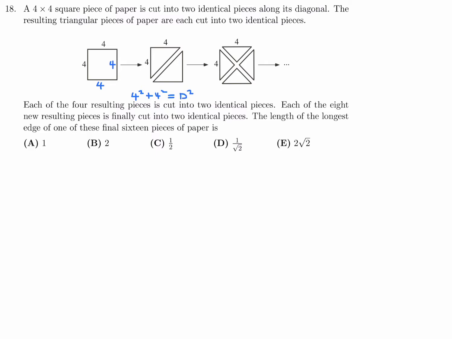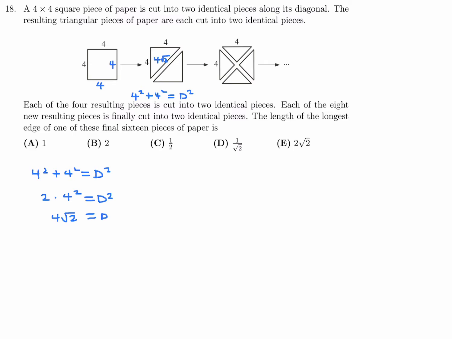We'll just do it here on the side. 4 squared plus 4 squared is d squared, and therefore that's 2 times 4 squared is d squared, and therefore d will be 4 root 2, which is going to be this diagonal, 4 root 2, that length right there.